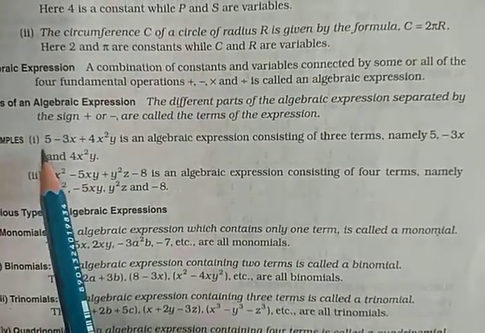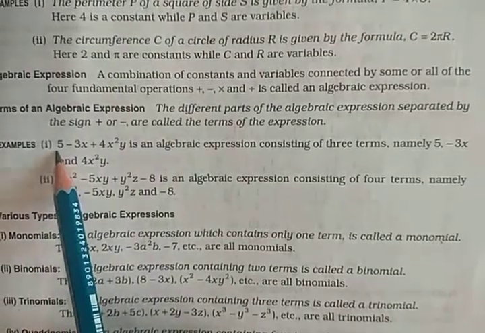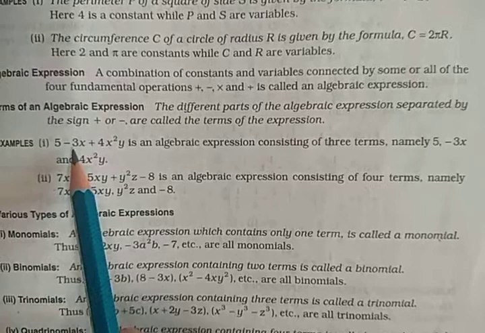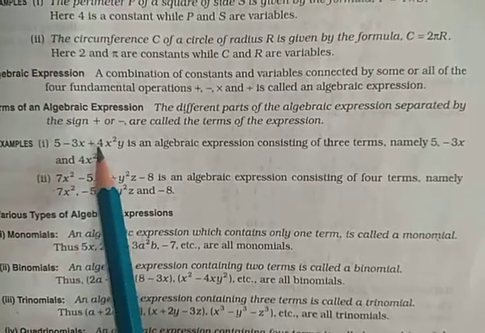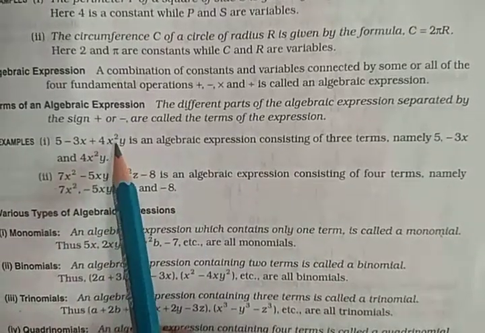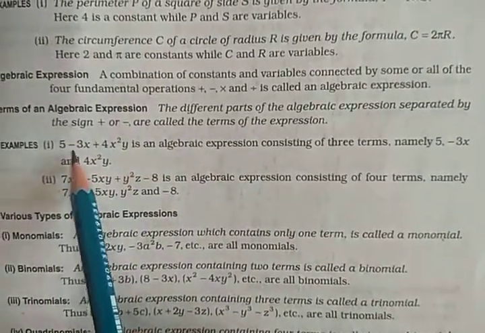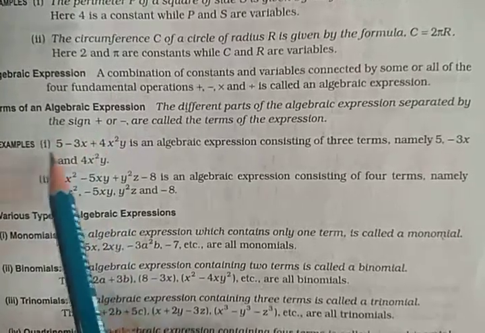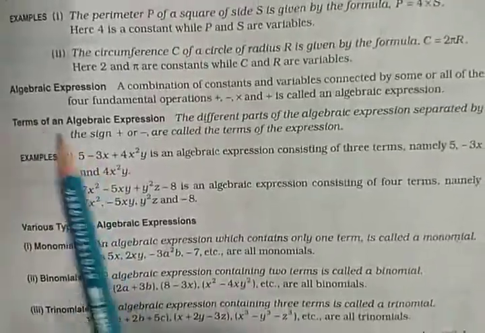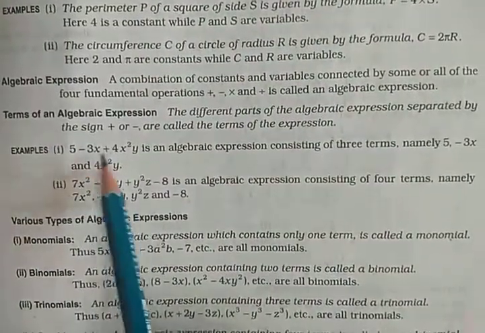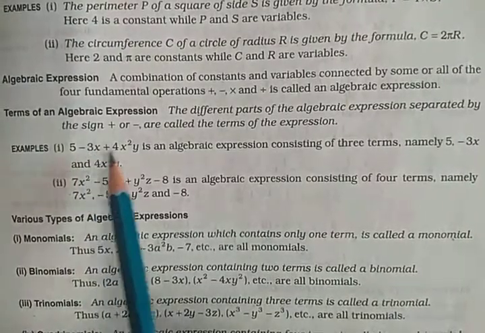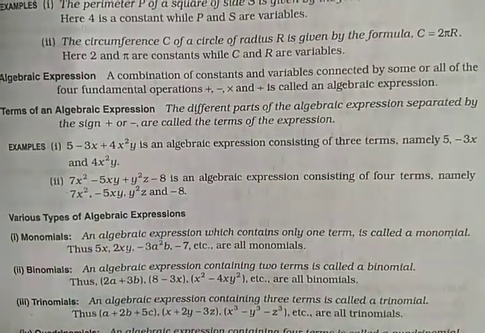Here there are three terms: 5 is the first term, minus 3x is another term, and 4x square y is another term.